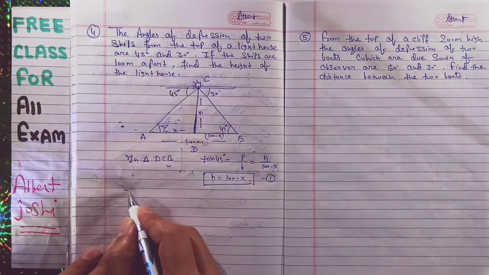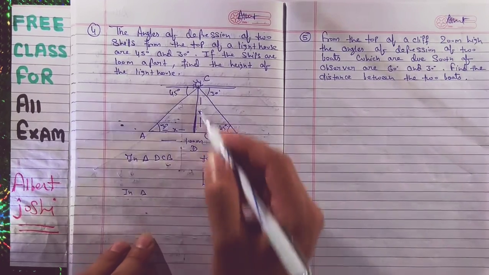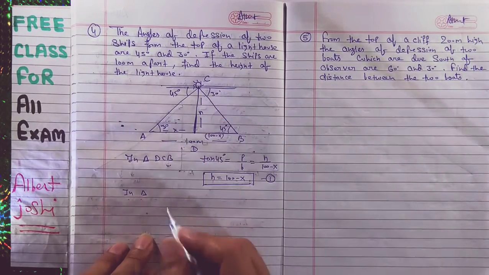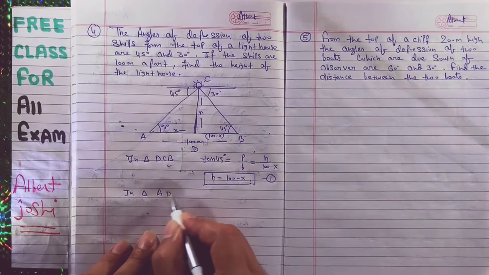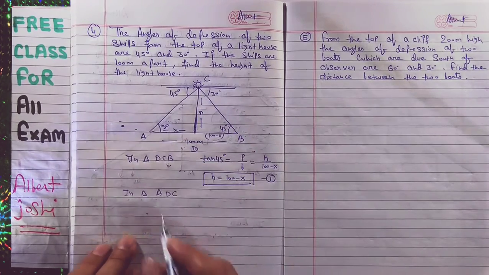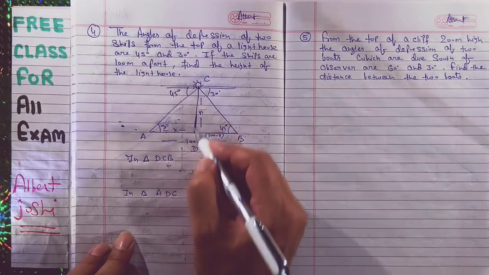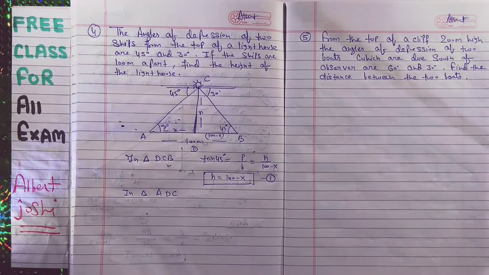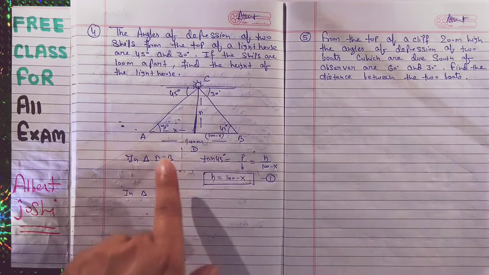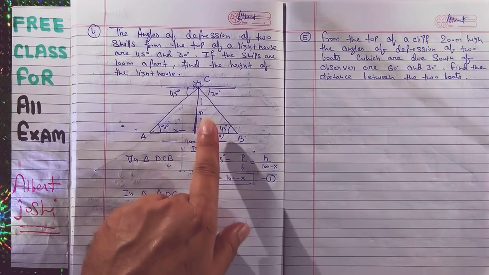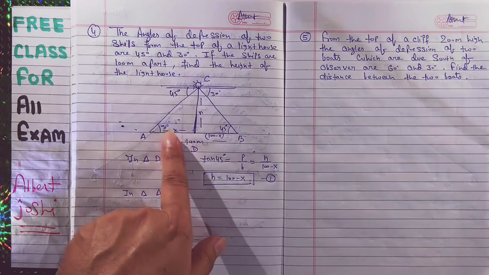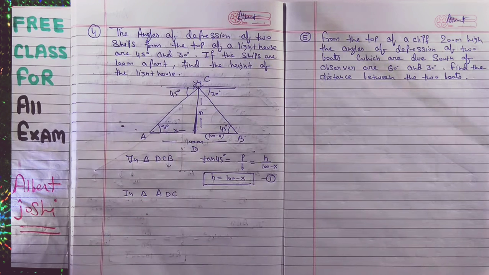Now in triangle ADC, this is 30. So what will we use? Perpendicular upon base. Sorry, this is 30 degree, so that is the hypotenuse.